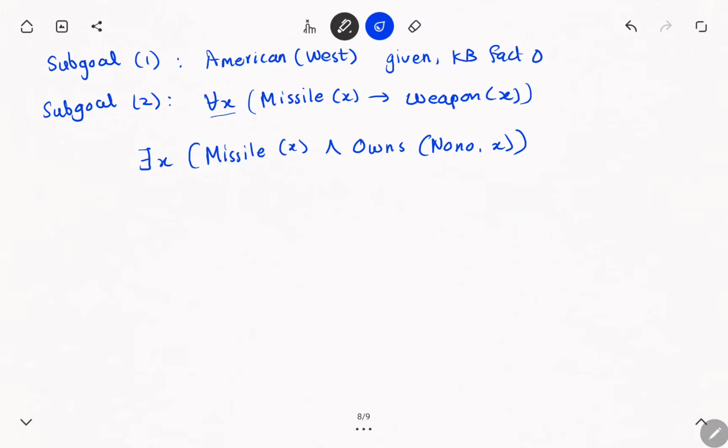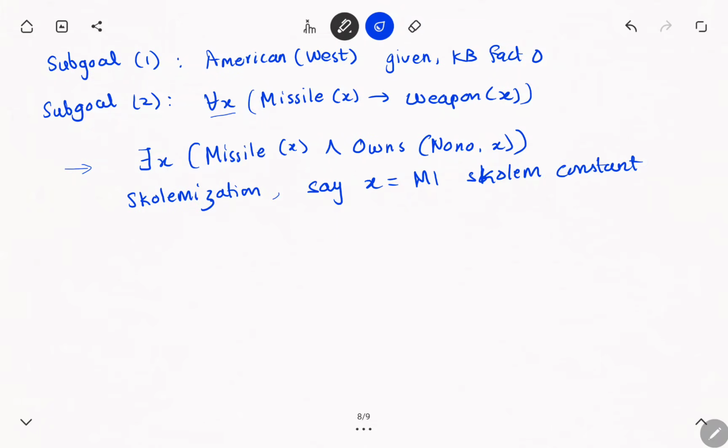So do I have any other rule which restricts me or makes me use a certain value of x? That particular rule is this rule. This one forces me to use Skolemization, because here I have to eliminate the existential quantifier. So using Skolemization, say x equal to M1, which is a Skolem constant.